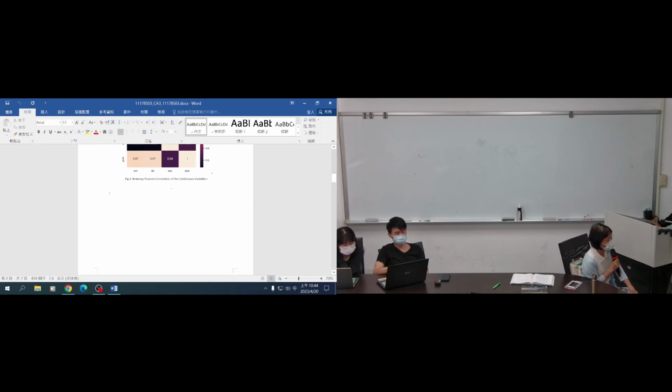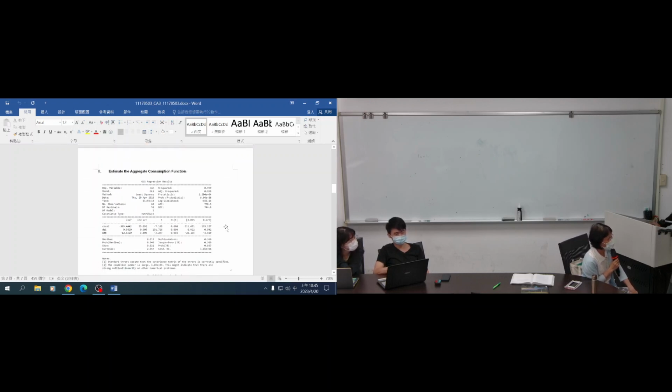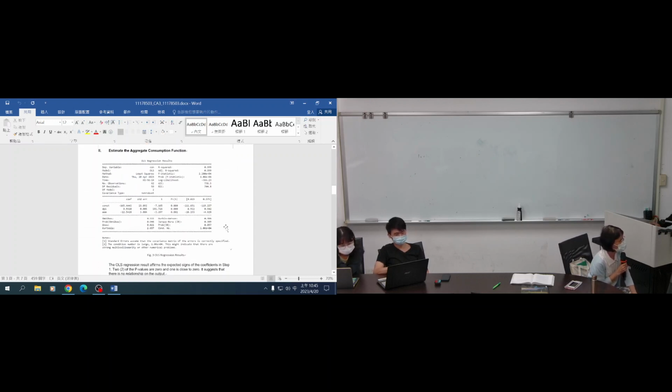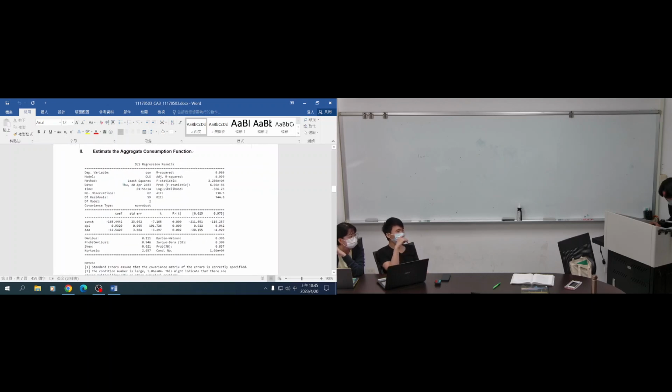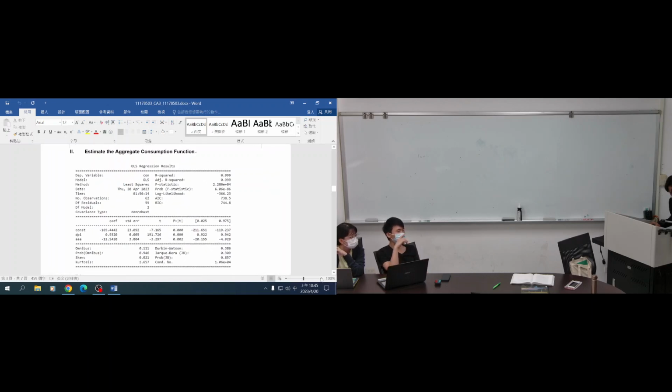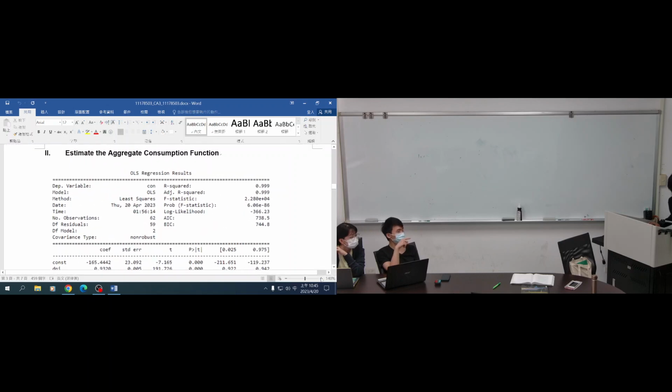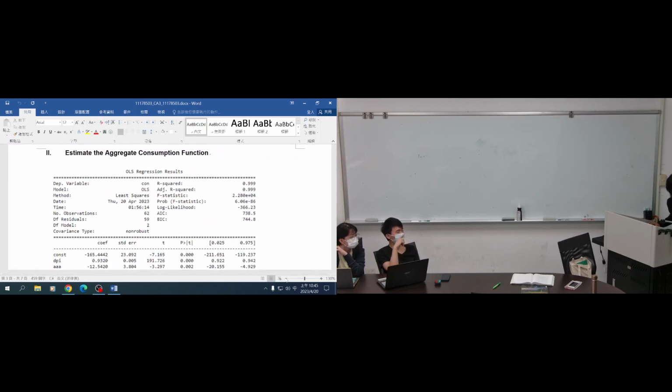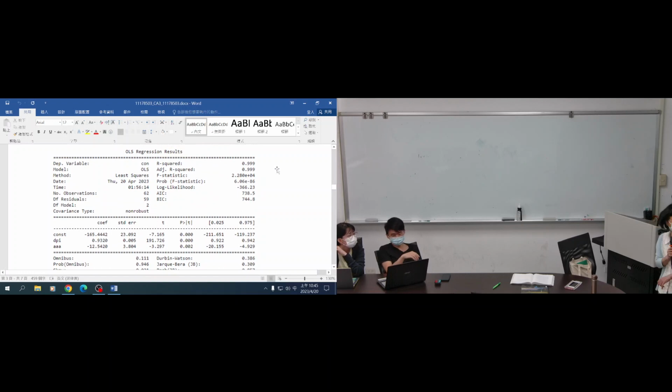This is the OLS regression result for the data set. The R squared is 0.99. That's really small, can you make it larger? Make it 130, my eyesight is really not good.